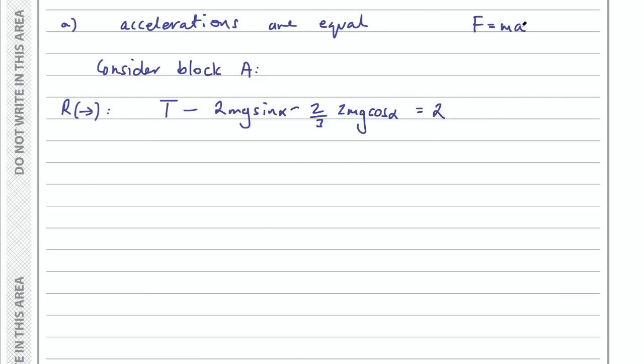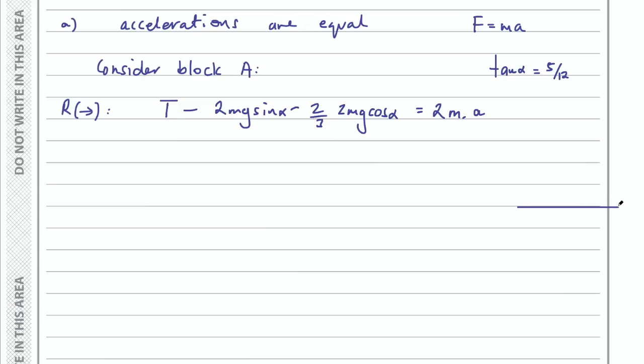Now this is the mass times acceleration. In this case our mass is 2m, and we're just going to call acceleration a because we don't actually know what that is. Also now I think it's a good time to note that tan of alpha equals 5/12. They tell us that in the question, and therefore we can find sine of alpha and cosine of alpha.